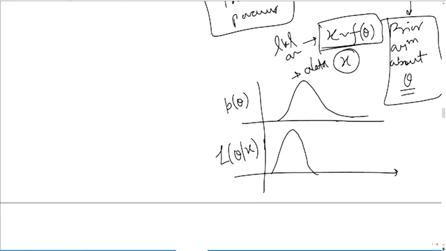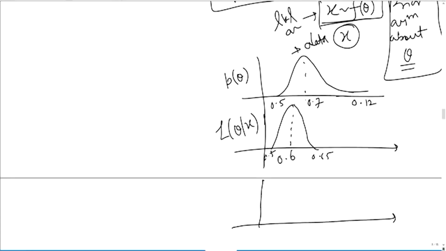Let's say the prior tells you the median value is somewhere around 0.7, and the values could be anywhere between, let's say, 0.5 and 0.12 or something. The likelihood says the most likely value is around 0.6, with a spread between, let's say, 0.5 and 0.65.